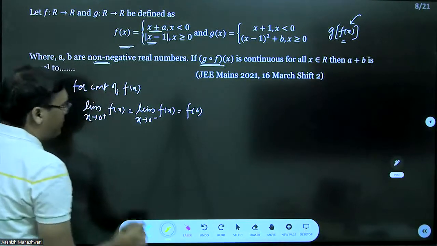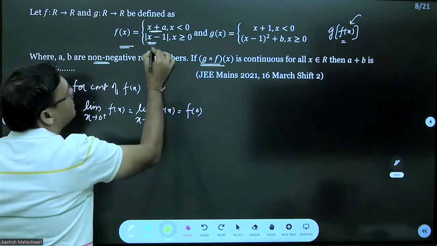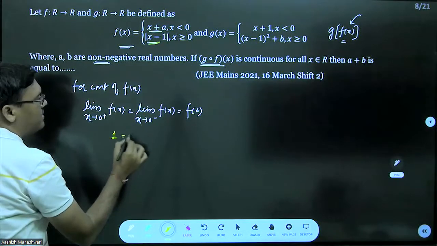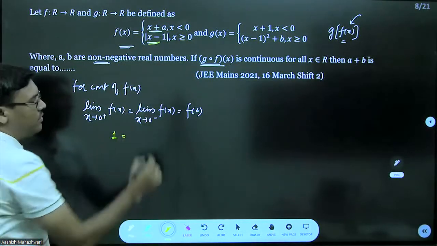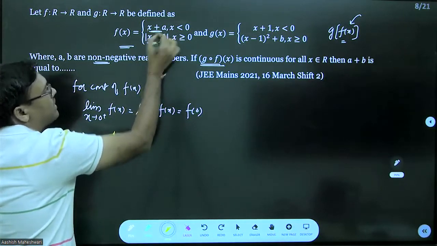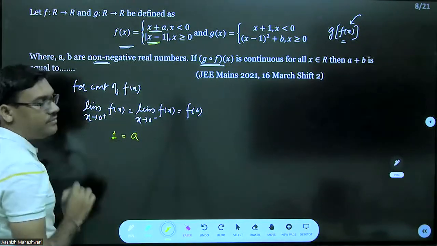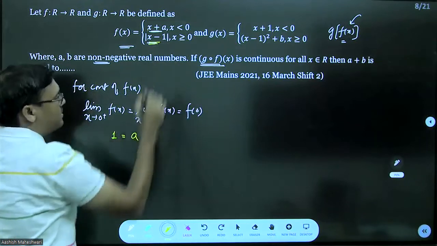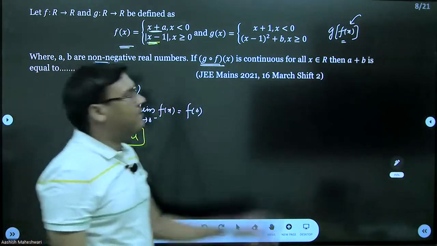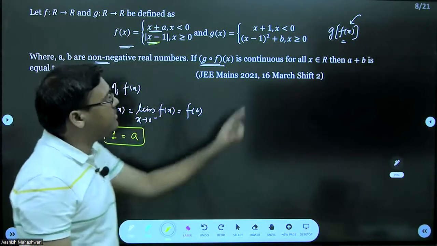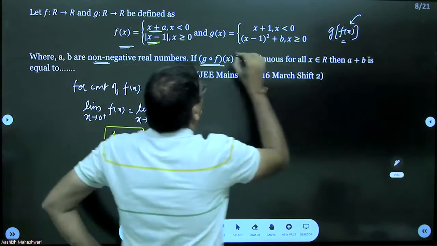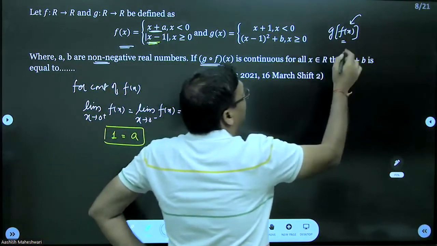Now see, what is 0 plus limit? 0 प्लस पे ये क्या हो जाएगा, 0 प्लस पे यू विल हैव दिस फंक्शन, तो दिस विल बी इक्वल टू 1, कोई इंडिटरमिनेसी नहीं है, डायरेक्टली 0 पुट कर दो। व्हाट इज 0 माइनस पे लिमिट, 0 माइनस पे ये वाला फंक्शन बनेगा, तो 0 प्लस a दैट इज a, एंड व्हाट इज f ऑफ 0, यू कैन सी दिस इज इक्वल टू 1, मतलब a का वैल्यू तो आपको डायरेक्टली मिल गया। अब आपको सिर्फ b फाइंड करना है.